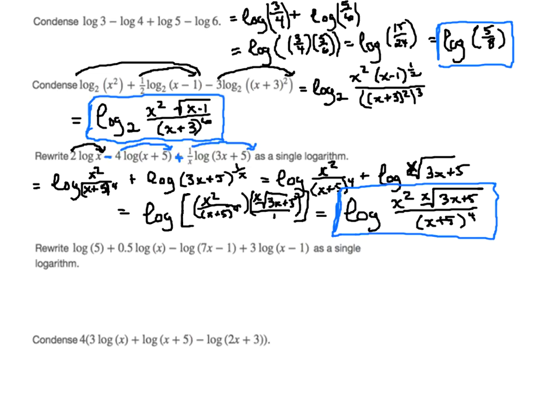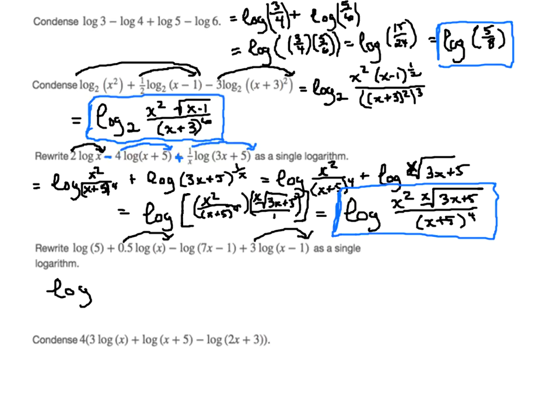Log of 5 plus 0.5 log of x minus, okay, so that 0.5 goes up. And I'm subtracting this log of x plus 7, so that's going to go in the denominator, and then I'm adding, and that's going to go up as well.